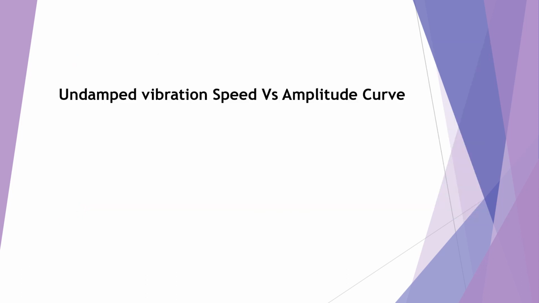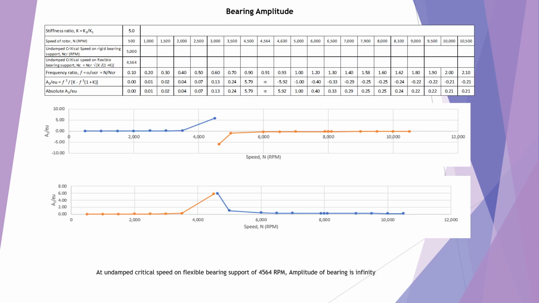Then the undamped vibration speed versus amplitude curve. For the bearing vibration or bearing amplitude, speed is on the x-axis and amplitude is on the y-axis. If you see, this is the resonance area, where the critical speed is the same and amplitude is infinite.